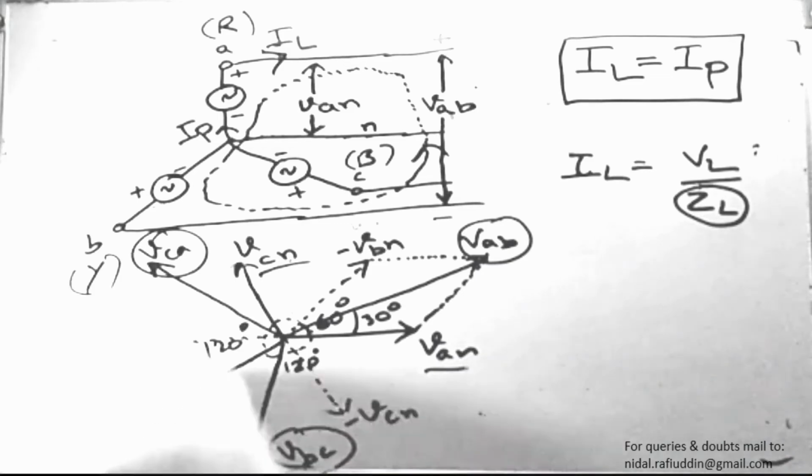Now talking about the delta connected system. In case of a delta connected system, as we saw yesterday, we'll have the three sources connected in this fashion, where this is VA.